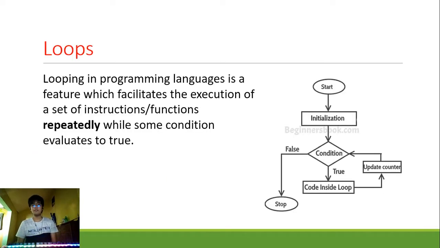Looping in programming languages is a feature which facilitates the execution of a set of instructions or functions repeatedly while some condition evaluates to true. Typically, a certain process is done such as getting an item of data, changing it, then some condition is checked such as whether a counter has reached a prescribed number.